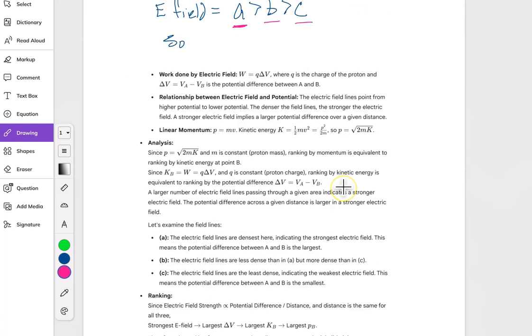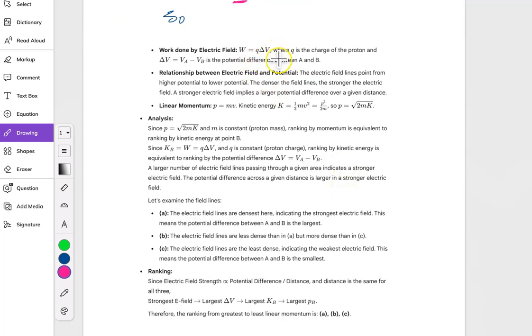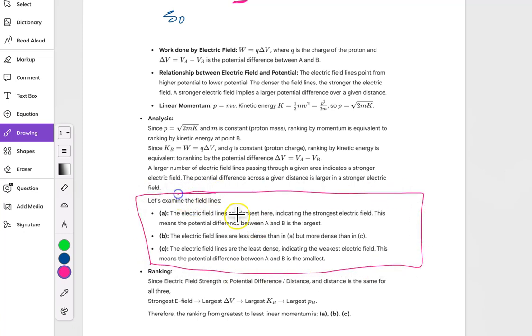Well, it's because work that is done on a charge in an electric field is equal to Q times the change in the potential. Because you don't know about that, the best thing you can do here is think about these electric field lines and use this as your kind of reasoning. So the bigger the electric field, the faster it's going to go, and the faster it goes, the more momentum it has. So that's kind of how you can think about that one.